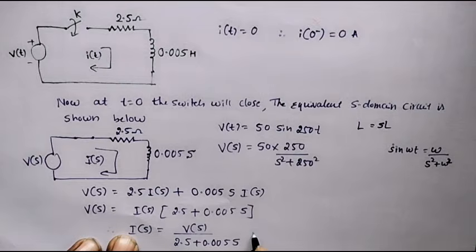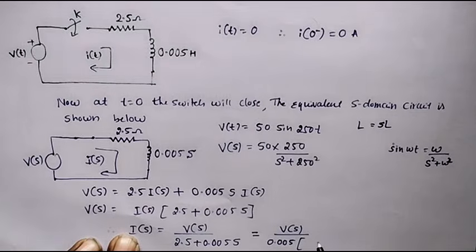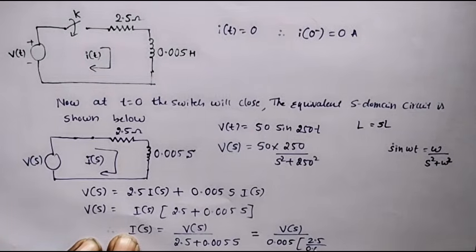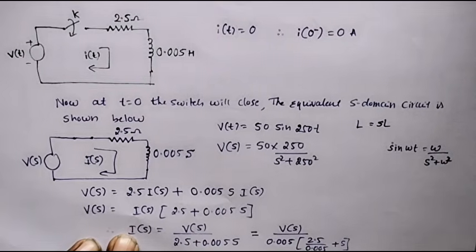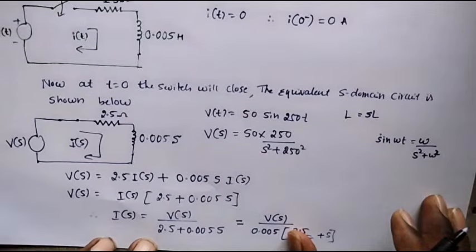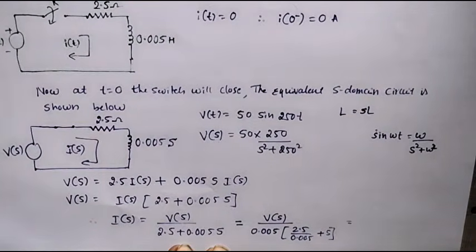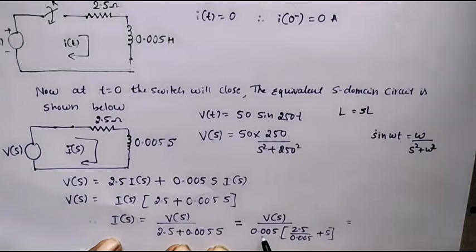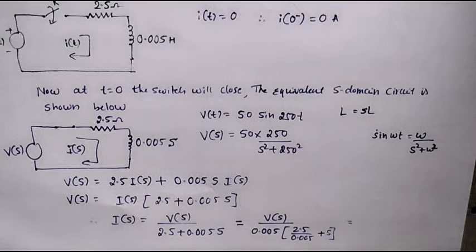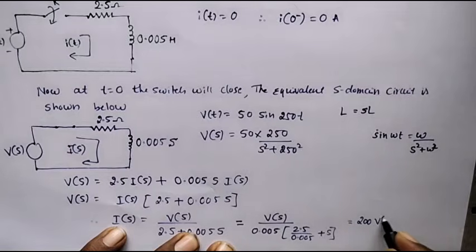Now I will represent this equation as V(s) divided by, I'll take 0.005 common, then I can write here 2.5 divided by 0.005 plus s, which is equal to 1 upon 0.005, that gives 200, V(s) divided by s plus 2.5 divided by 0.005, which gives 500.